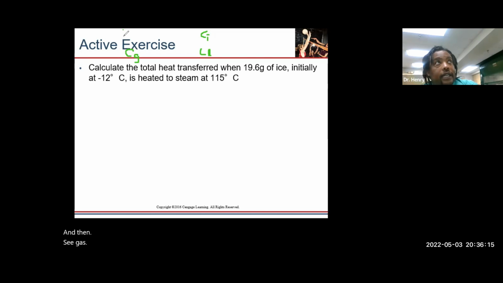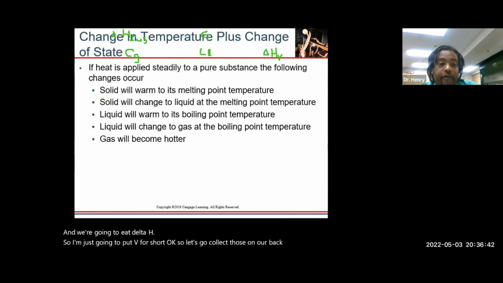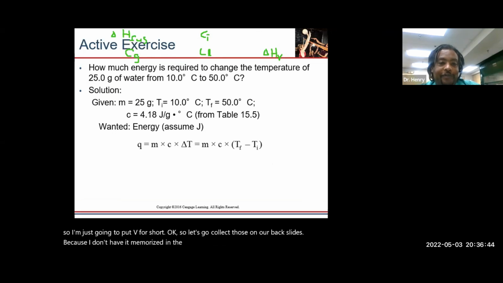We're going to need delta H fusion, and we're going to need delta H vap. So I'm just going to put V for short. Okay, so let's go collect those on our back slides, because I don't have them memorized off the top of my head.